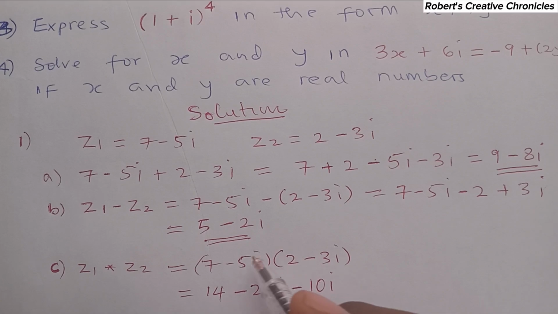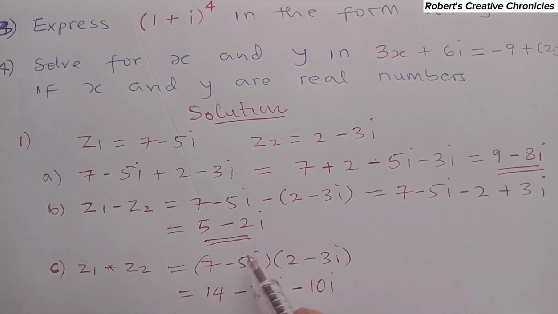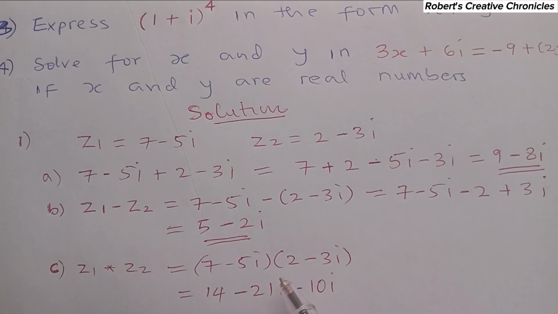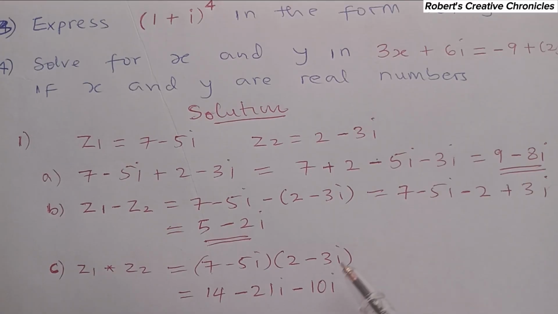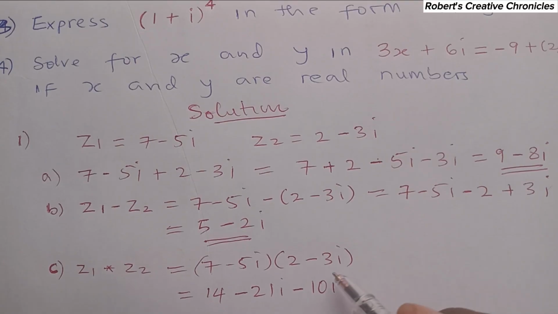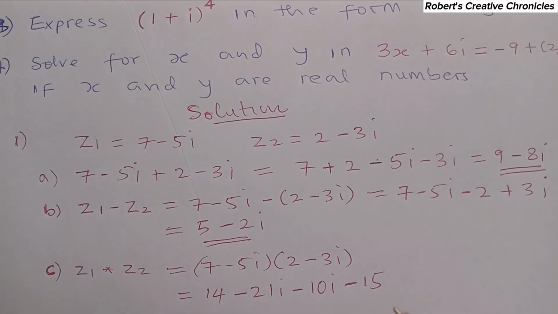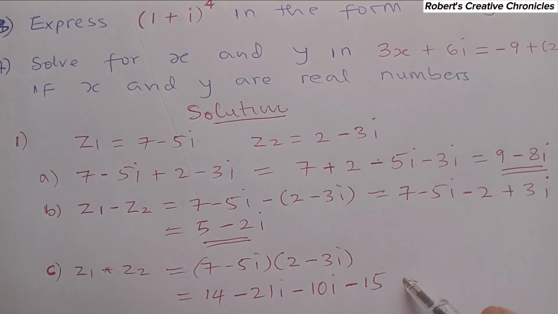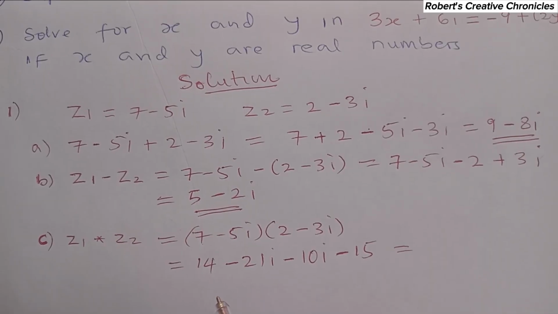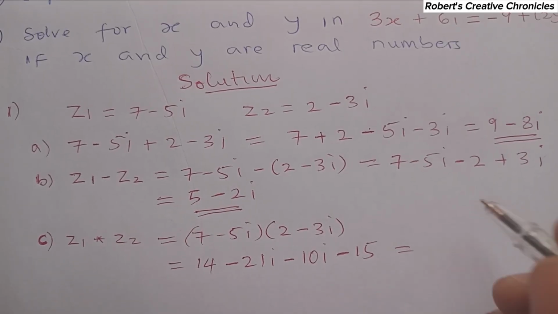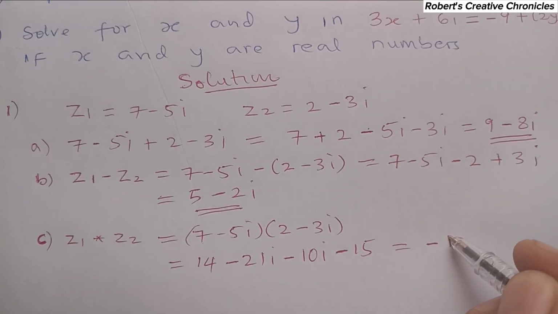I times I, you know I is the root of negative 1. So if you multiply them together, it will be I squared, which is negative 1. So it will give us a minus. So this minus will appear here, because of I squared. So there will be minus 15. So this becomes 14 minus 15, which is minus 1.